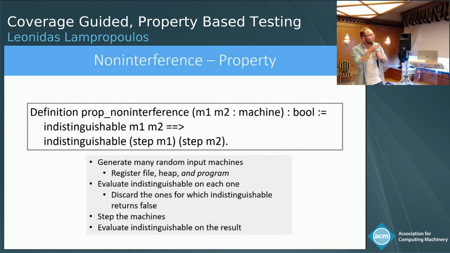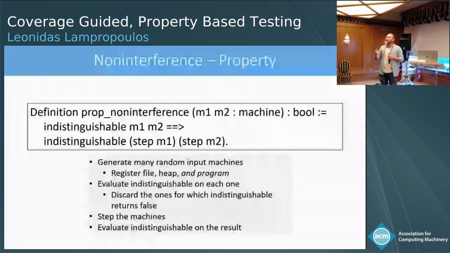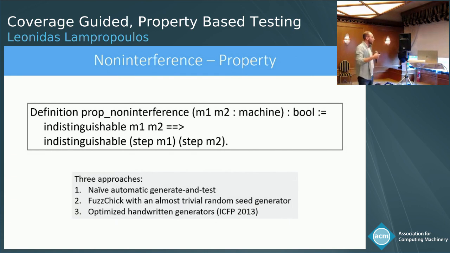And this is a perfect example of a property that has a sparse precondition, right? If you remember what we were talking about in the beginning, this precondition, indistinguishability, is very, very hard to satisfy randomly. If you generate two random machines, they're almost guaranteed to not be indistinguishable. So what we want to compare against is three approaches that we want to test.